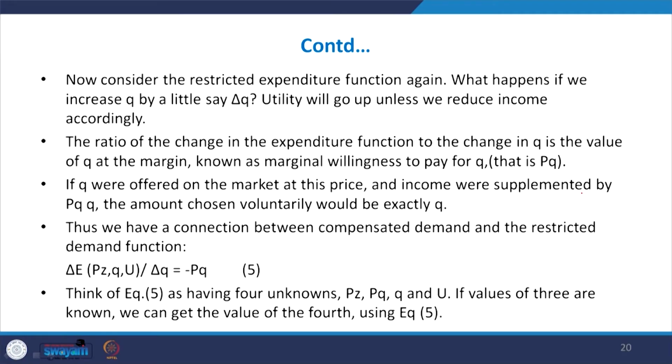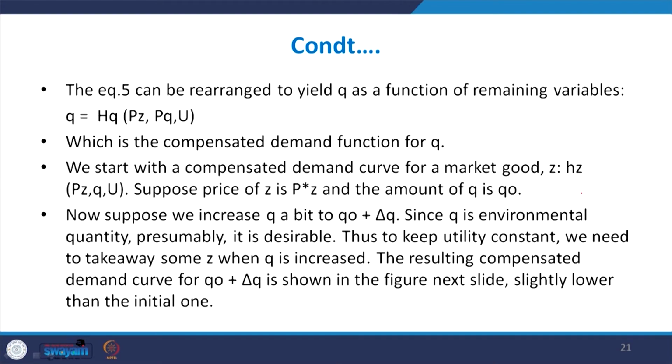So, from this equation 5, it can be converted in terms of Q, and you can assess the value of Q by Q equals h_Q(P_Z, P_Q, U) when utility is kept constant.